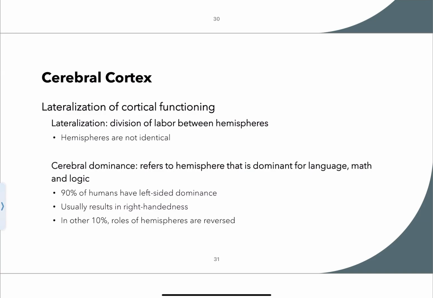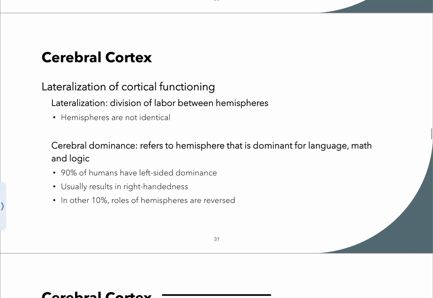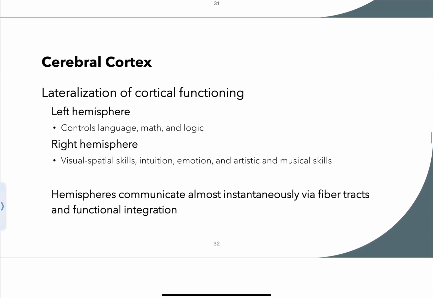So when we're talking about cerebral dominance, we're referring to the hemisphere that is dominant for language, math, and logic. If you are a right-handed person, typically you have left-sided dominance. If you are a left-handed person, you typically have right-sided dominance.